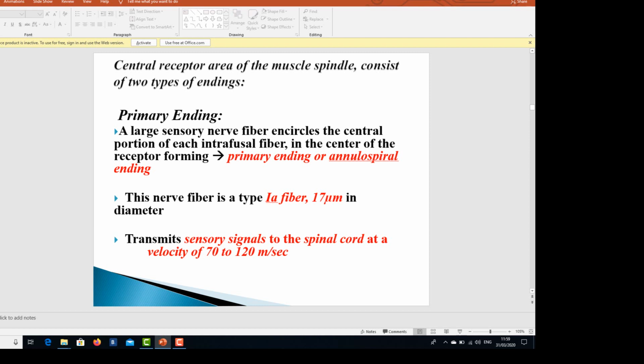They are the primary endings or annulospiral endings. The nerve fiber is a type 1A fiber, 17 micrometers in diameter, and it transmits the sensory signals to the spinal cord at a velocity of 70 to 120 meters per second.